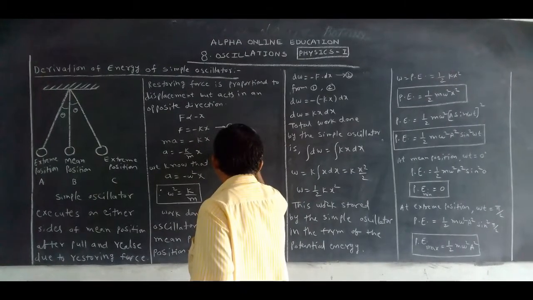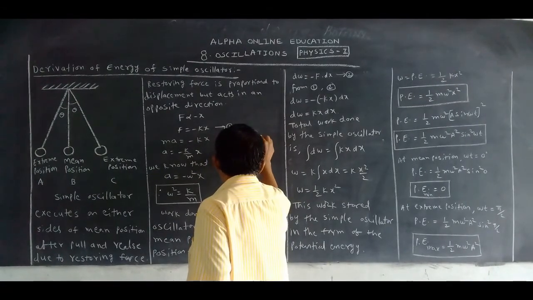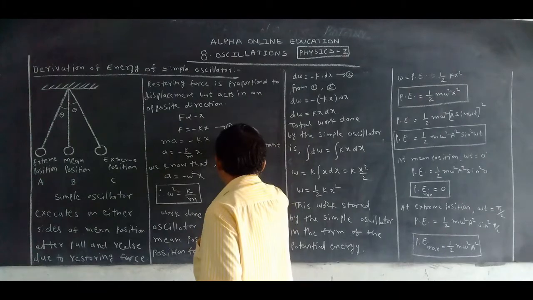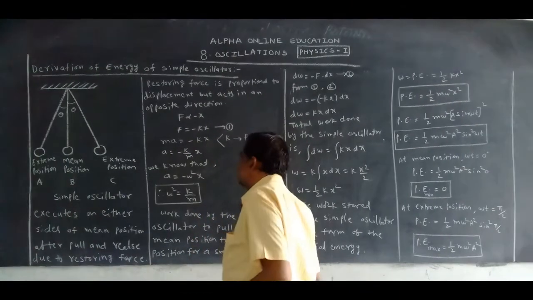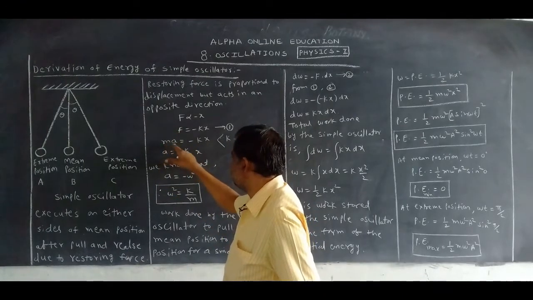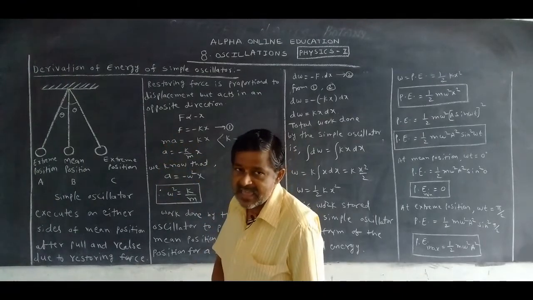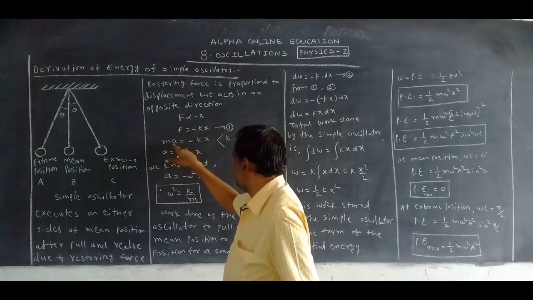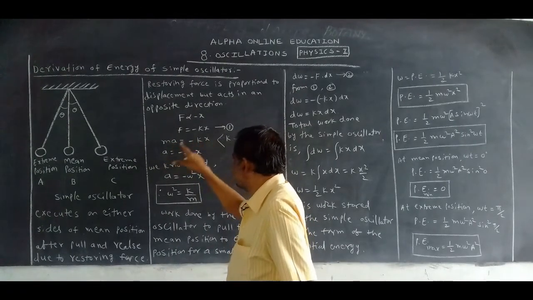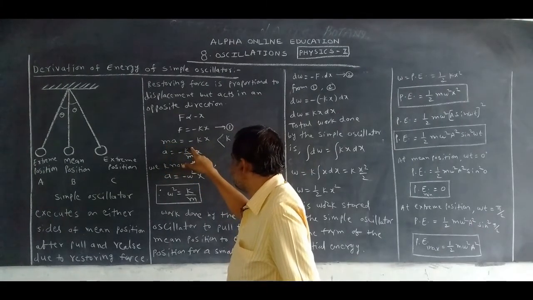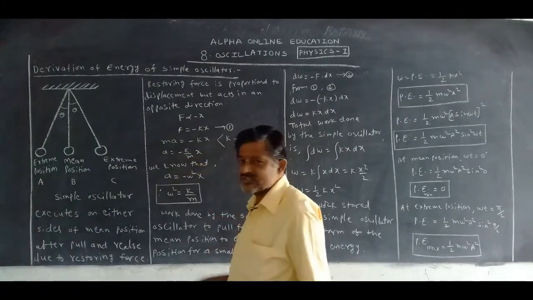k is called the force constant. According to Newton's second law, F is equal to how much? ma. So, ma is equal to minus kx. Take m to the other side: a is equal to minus k by m into x.